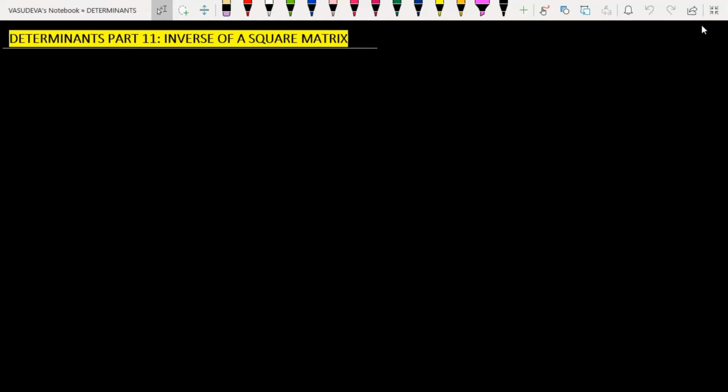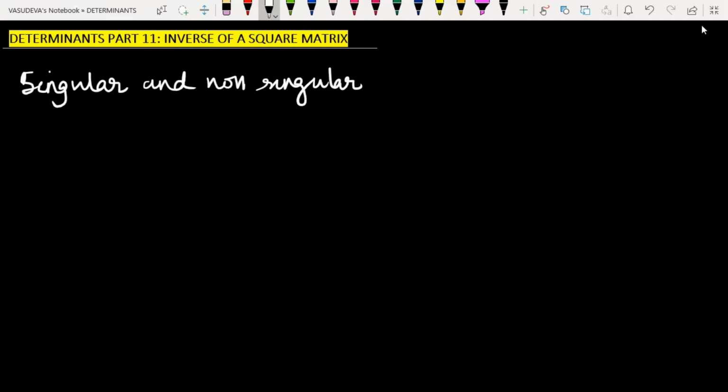Before going to define inverse of a matrix, let's learn the basic definition and important results of singular and non-singular matrix. Singular matrix means, suppose A is a square matrix.